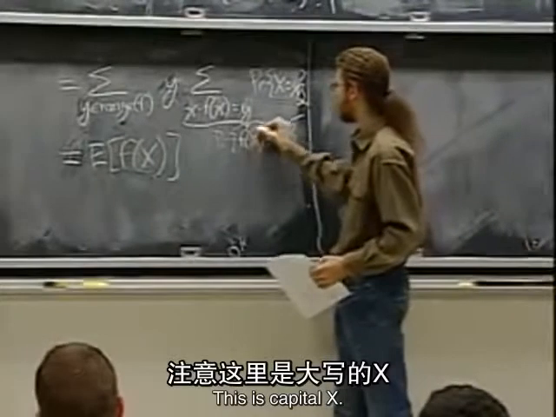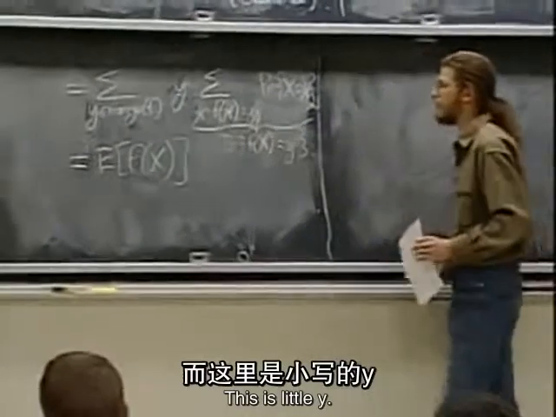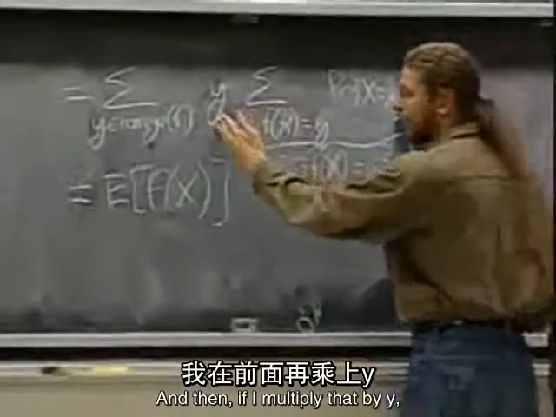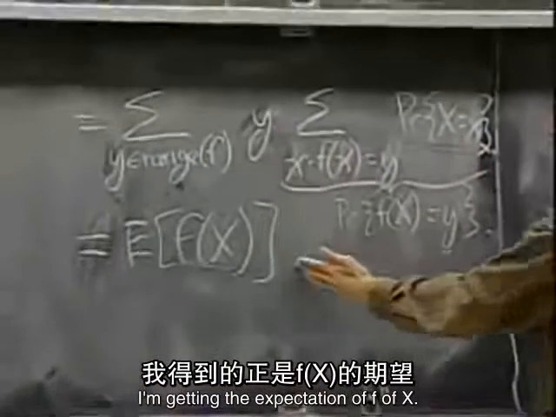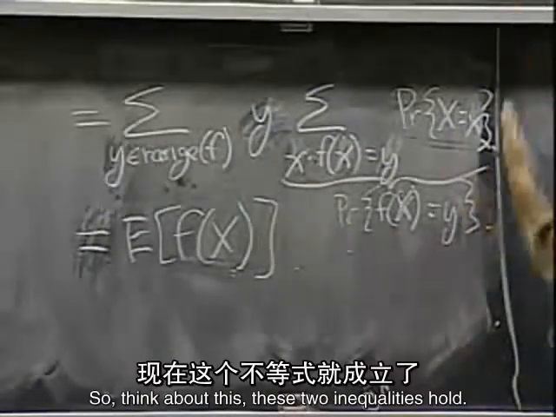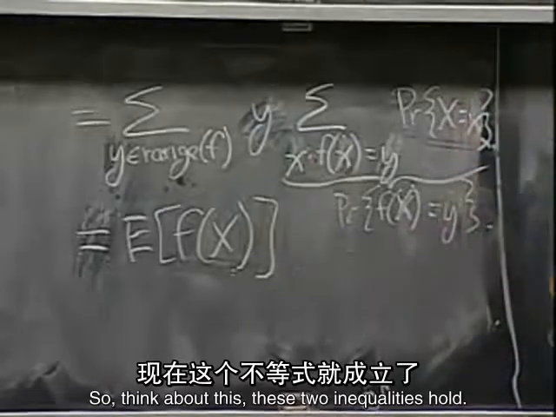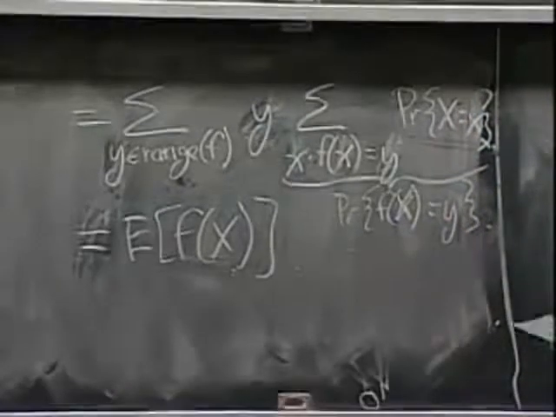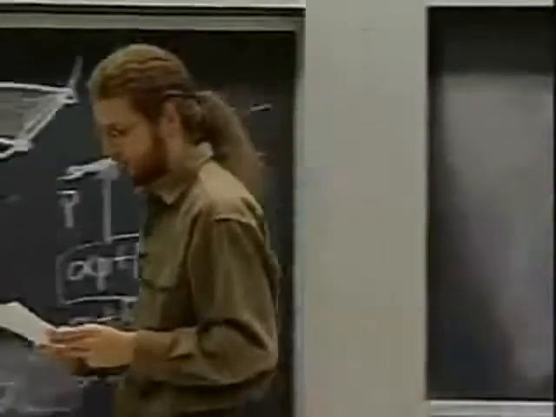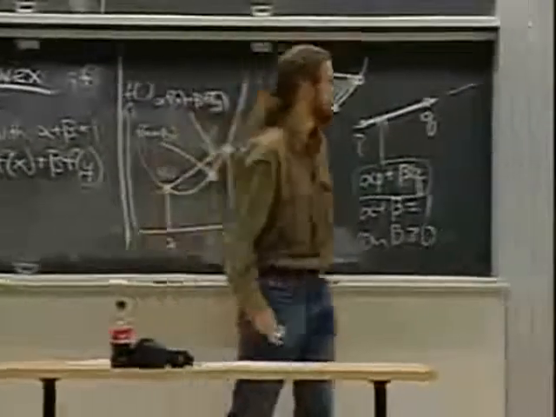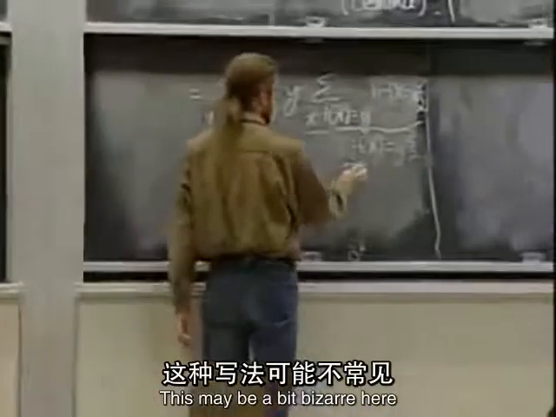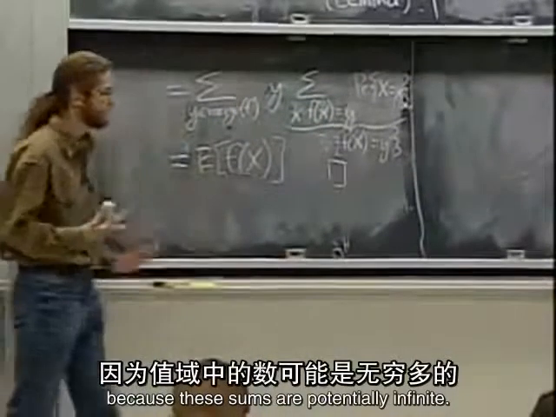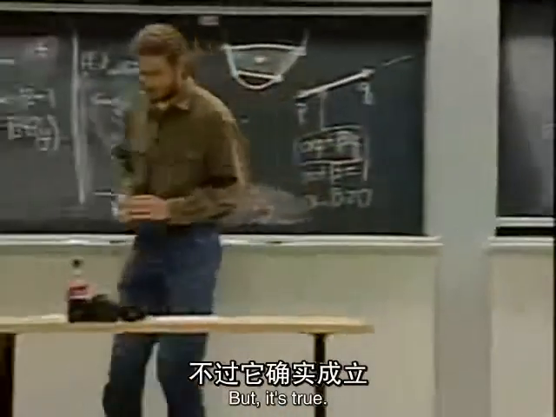This is capital X, this is little y. And then if I multiply that by y, I'm getting the expectation of f of X. So these two equalities hold. It's maybe a bit bizarre here because these sums are potentially infinite. But it's true.